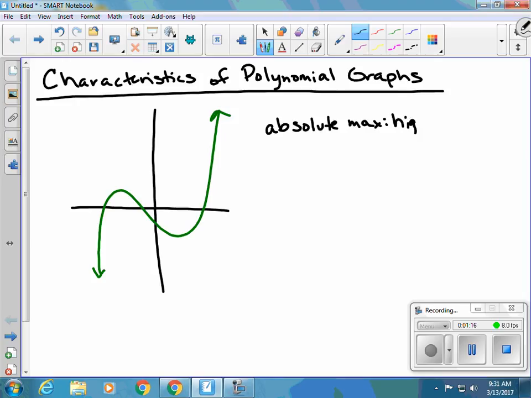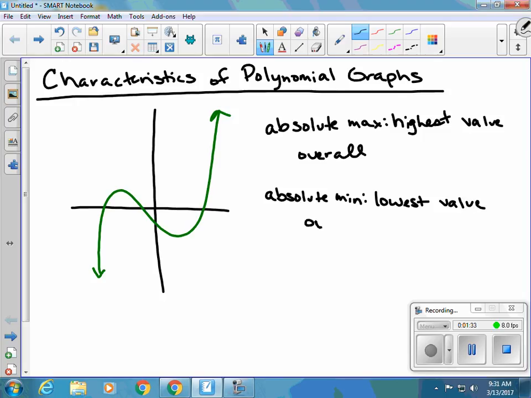So an absolute maximum is the highest value overall. An absolute minimum is the lowest value overall. Those are pretty self-explanatory.